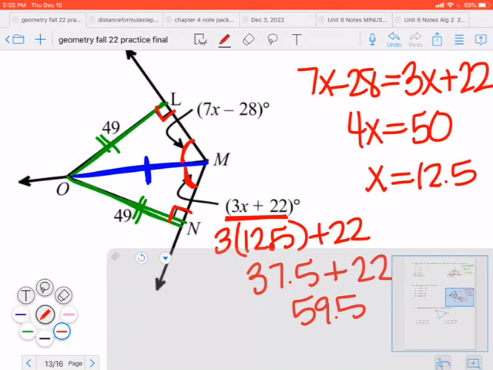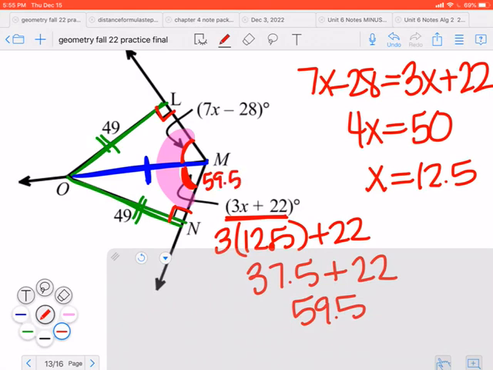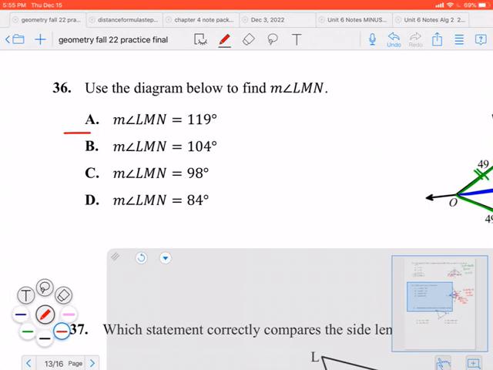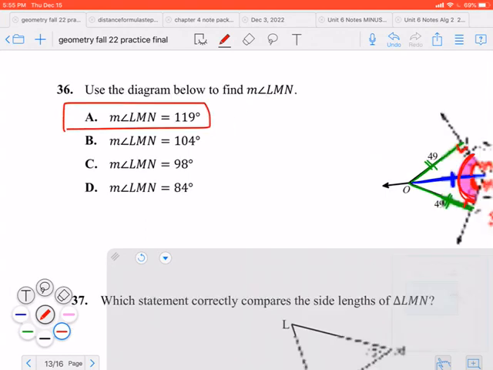So this red angle is 59.5. The question wanted this big angle, so that would be 59.5 plus 59.5, or 59.5 times 2, which is 119 for that large angle. Woo! That was a big one.